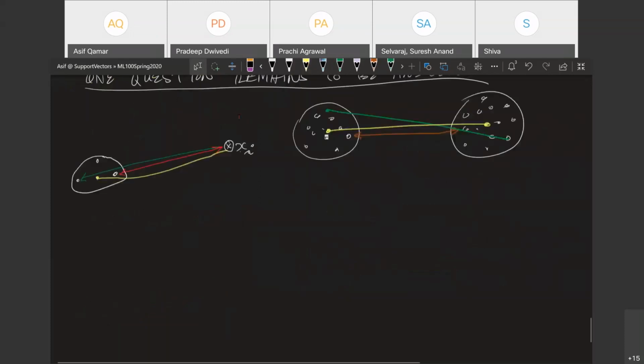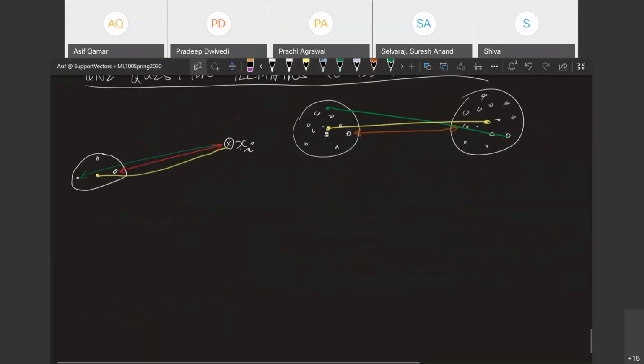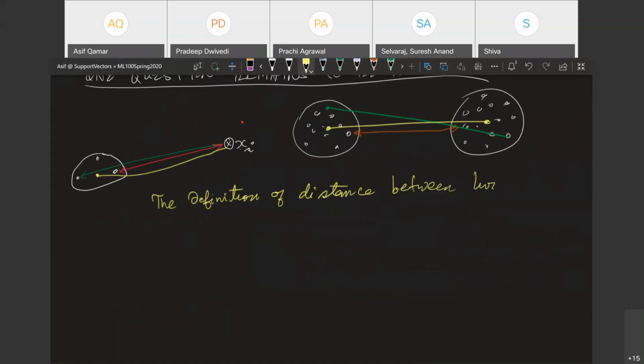And so people in the industry use a word for it. These are called linkages. The definition of distance between 2 clusters is called linkage. If you look into chapter 10 of your book, it will talk about the different linkages, right?